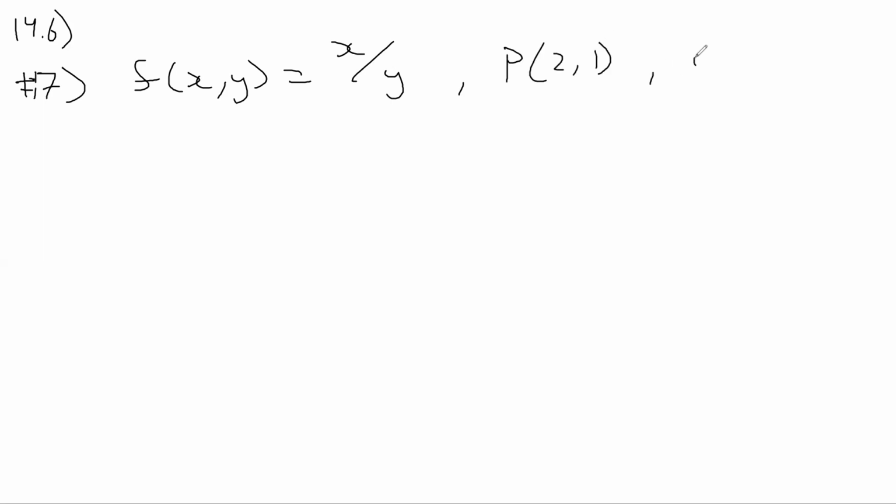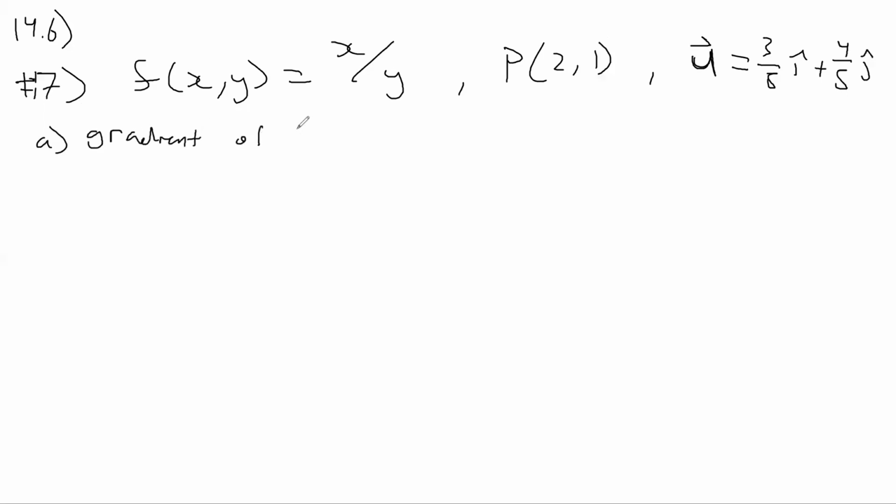For number 7, we're given f of x, y equal to x divided by y. We have the point 2, 1, and we have this vector u, which is equal to 3/5 i plus 4/5 j in ijk form. Part a, you're trying to find the gradient of f.